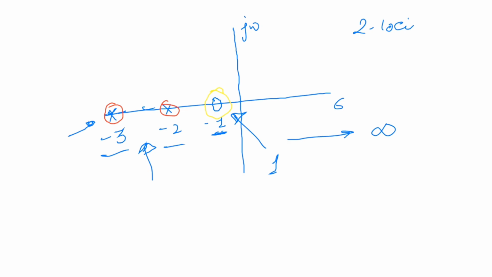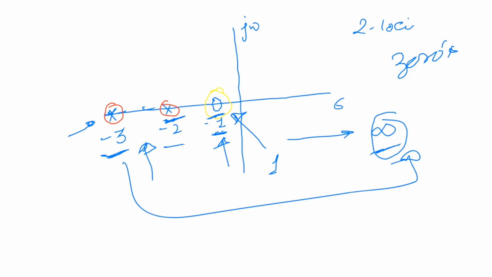If there are two zeros and only one pole, the other pole exists at infinity. But for most practical systems, your transfer function always has more poles than zeros. So now it is clear that both the poles are going to end up on zeros, and one zero exists at -1 and the other zero exists at infinity. So one pole is going to end up on -1 and the other pole is going to end up on the zero which exists at infinity.